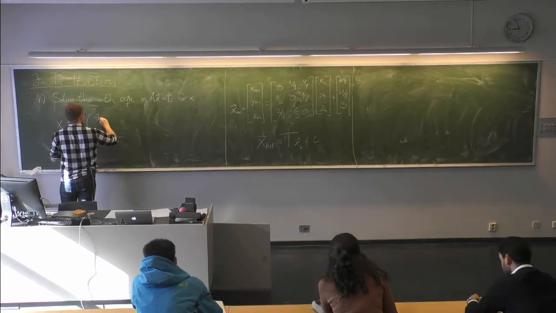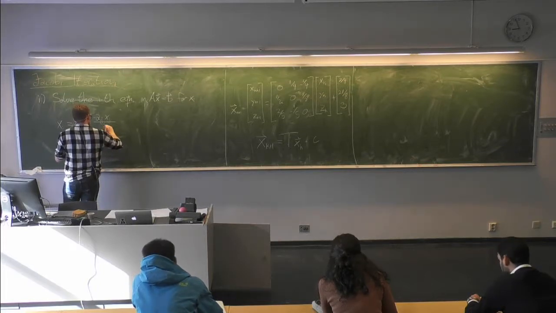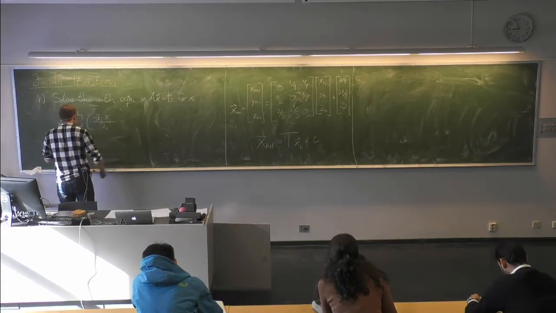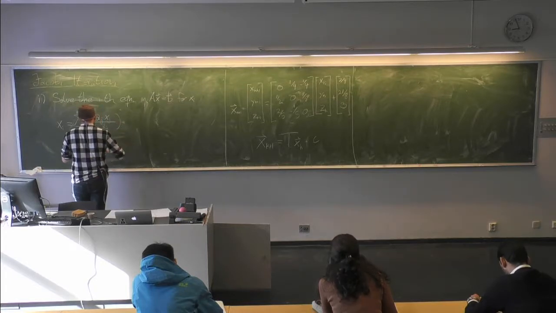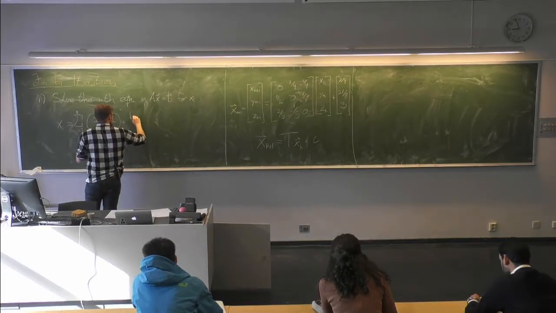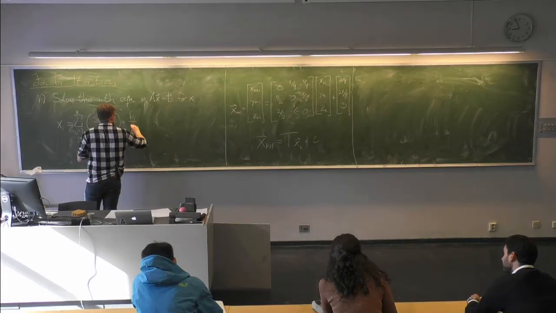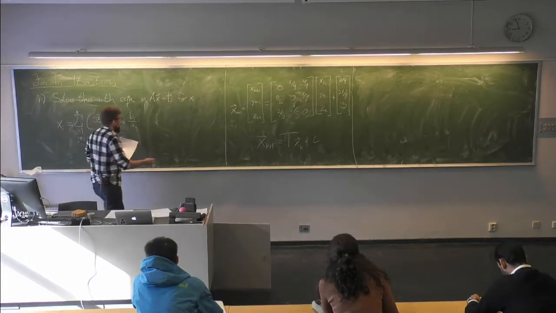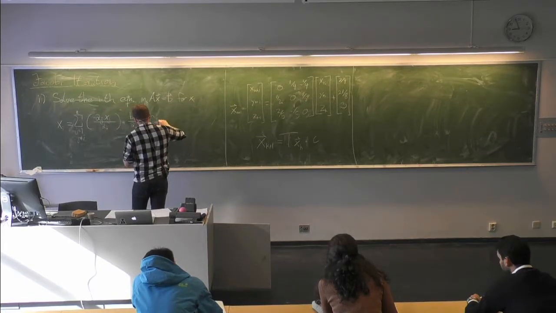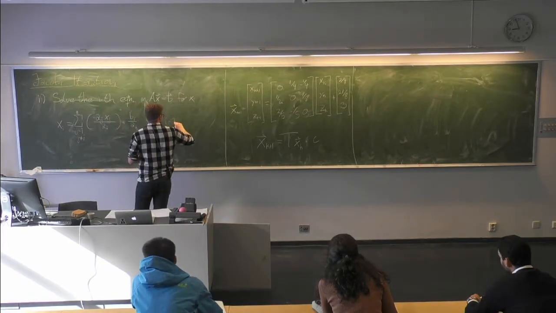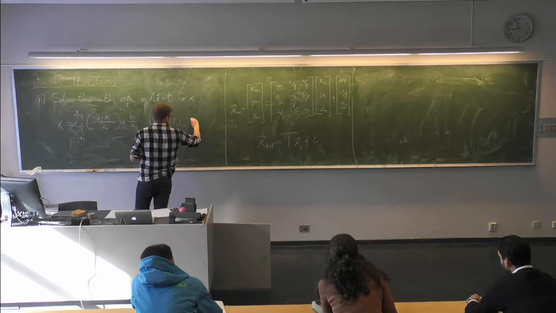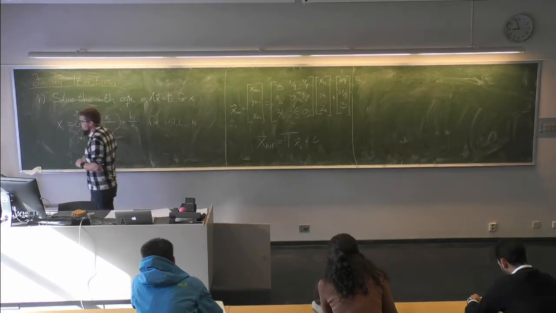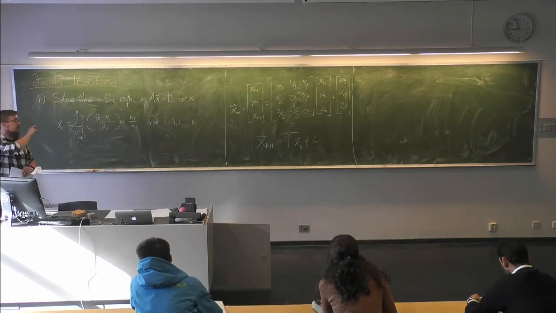A_ij x_j over a_ii, plus b_i over a_ii, for all of these i equals 1, 2, and 1. So you can try to do this with an example where n is 3.